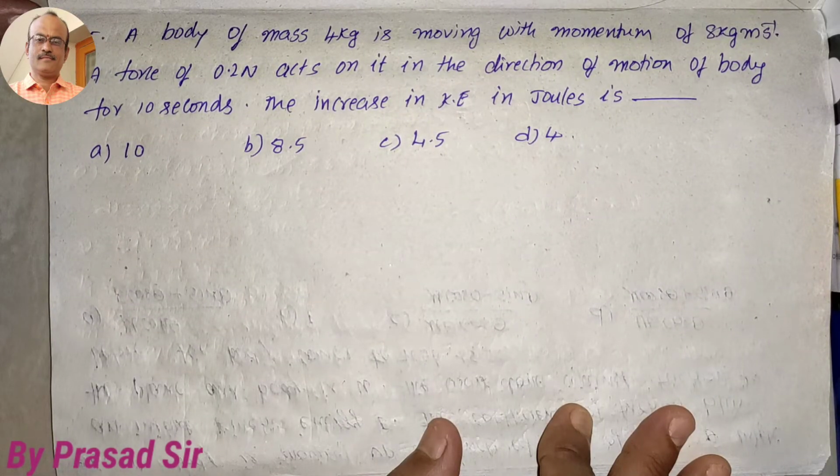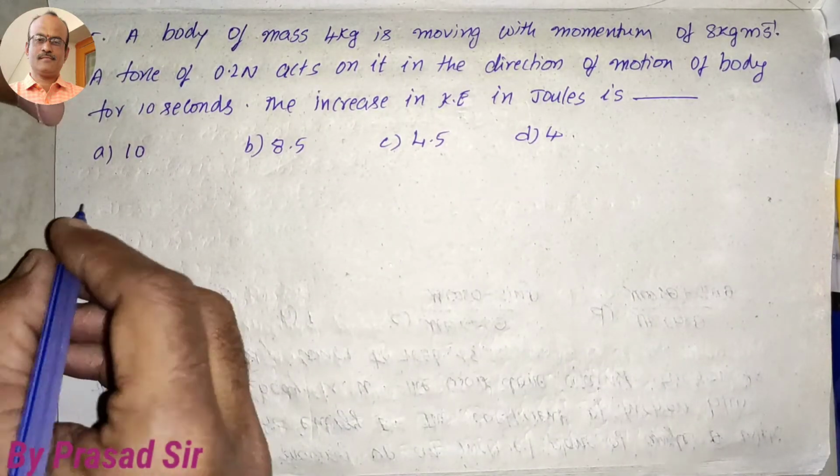Here the question number 35. A body of mass 4 kg is moving with momentum of 8 kg meter second to the power of minus 1. A force of 0.2 newtons acts on it in the direction of motion of the body for 10 seconds. The increase in kinetic energy in joules is how much? So first of all, what are the given values?